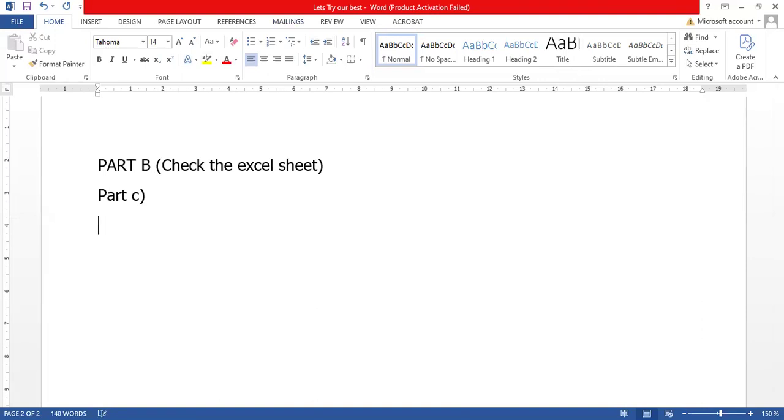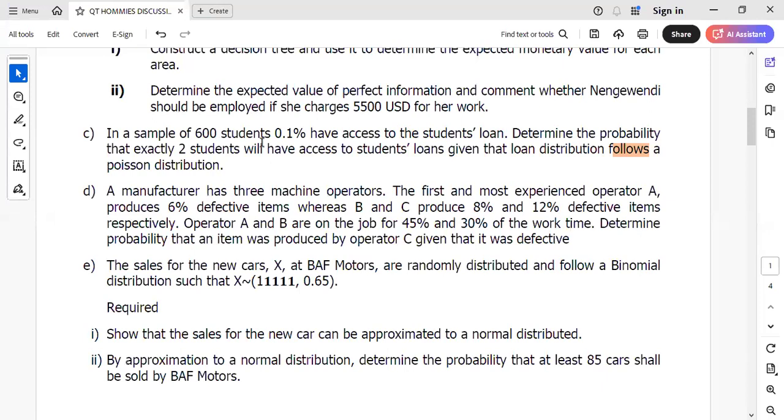The number of sample is 600, that is the sample size. What else are we given? The probability of students accessing the loan, 0.1% have access to the student's loan.